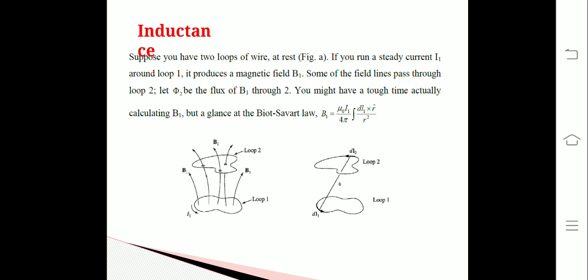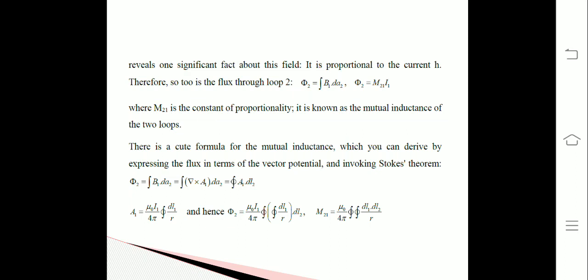This reveals one significant fact about this field: it is proportional to current. That means the flux in loop 2 is proportional to current I1. So phi 2 is equal to M21 I1. Here M21 is the constant of proportionality. It is known as the mutual inductance of the two loops.